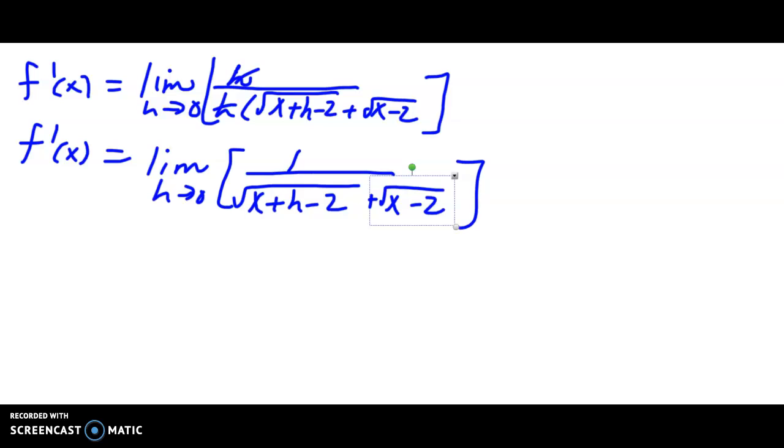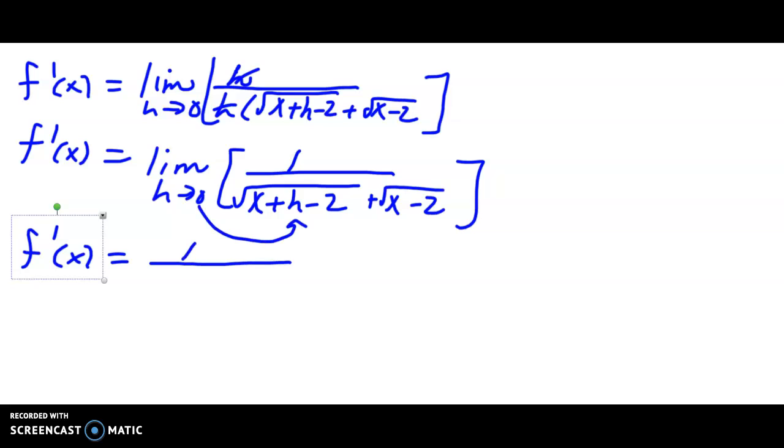So when we calculate our derivative by using the limit, we're going to substitute h to be 0. And we know we'll get the root of x minus 2 plus the root of x minus 2, which is 2 root x minus 2. Now this is the slope of your tangent line for any x value.